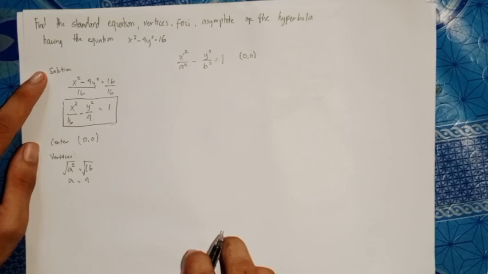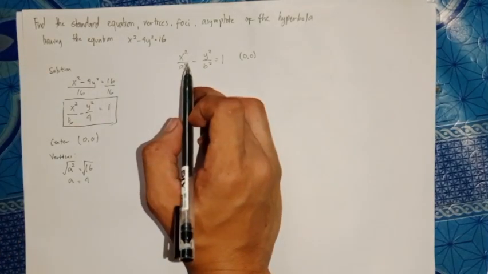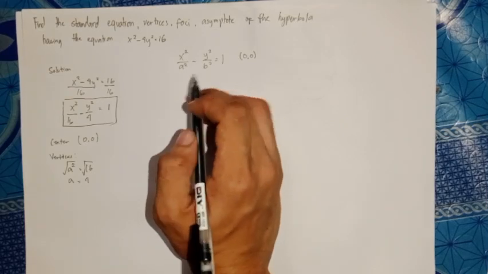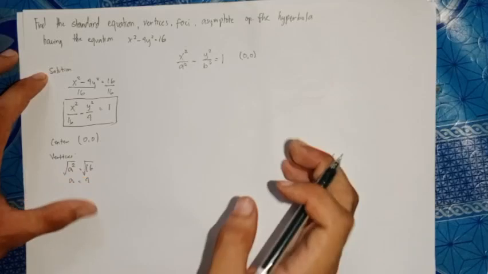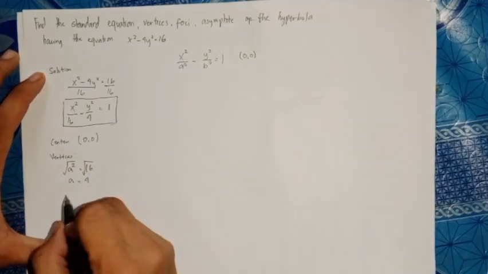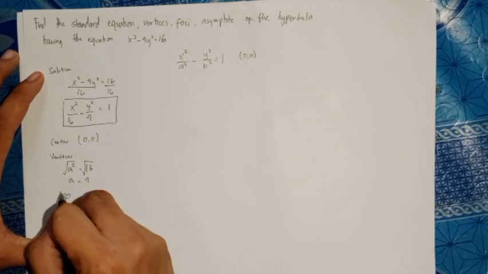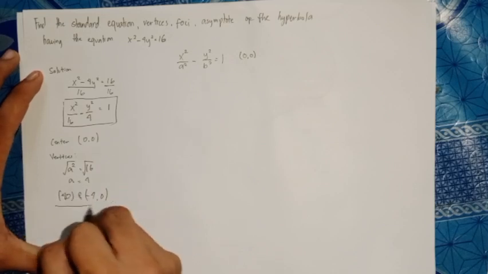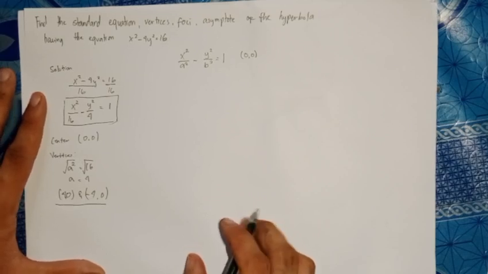Remember that if the x term is first, it opens around the x-axis, so we have a horizontal hyperbola. Therefore, our vertices are (4, 0) and (-4, 0). These are the vertices.